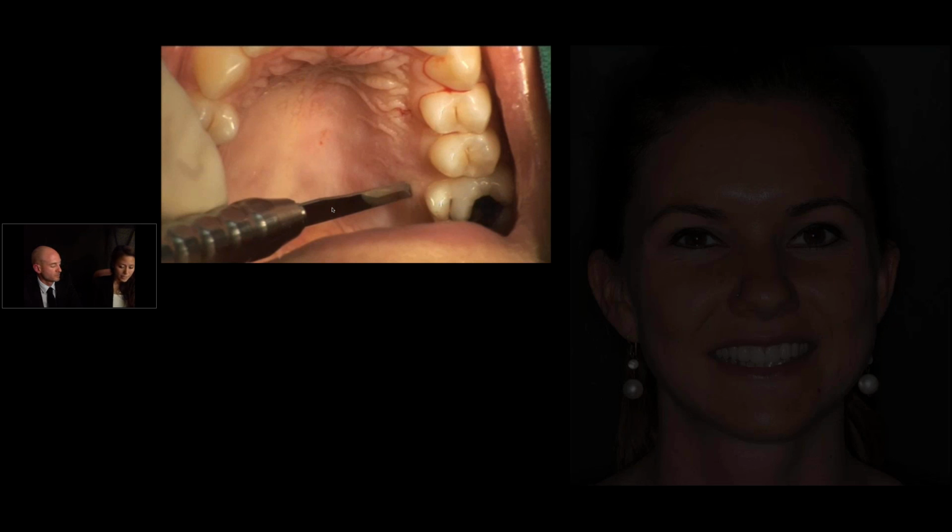Okay. Then another question. Could PRF be used for soft tissue augmentation as a graft material and membrane to avoid a second surgical site? I think PRF has been used quite extensively for quite a lot of these procedures. If the question is can it be used, probably it can be used.